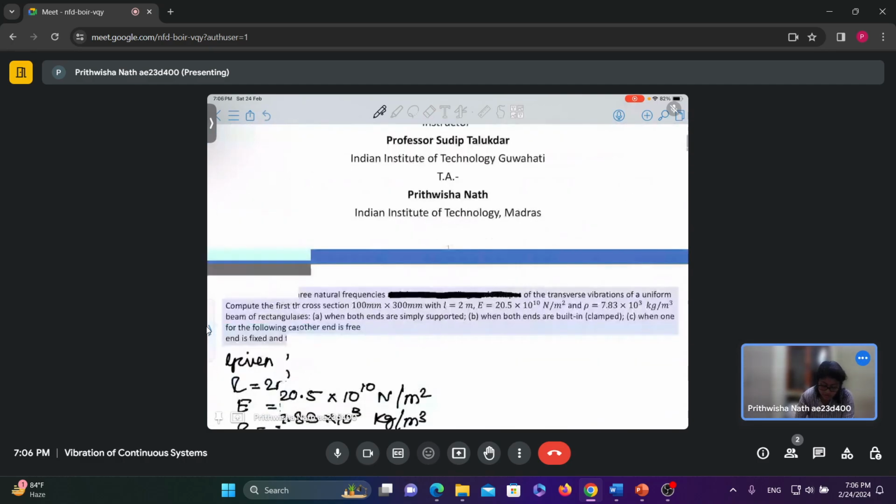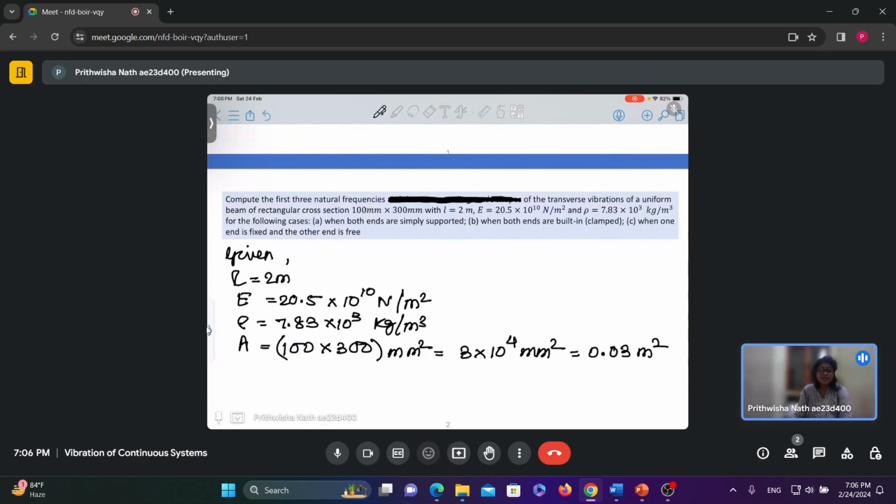So what did we solve today? In the first problem, it is asked to find the first free natural frequency of the transverse vibration of the uniform beam of rectangular cross section area, which is given, and L equals 2 meter, E equals 20.5 into 10 to the power 10 Newton per meter square, and density is given.